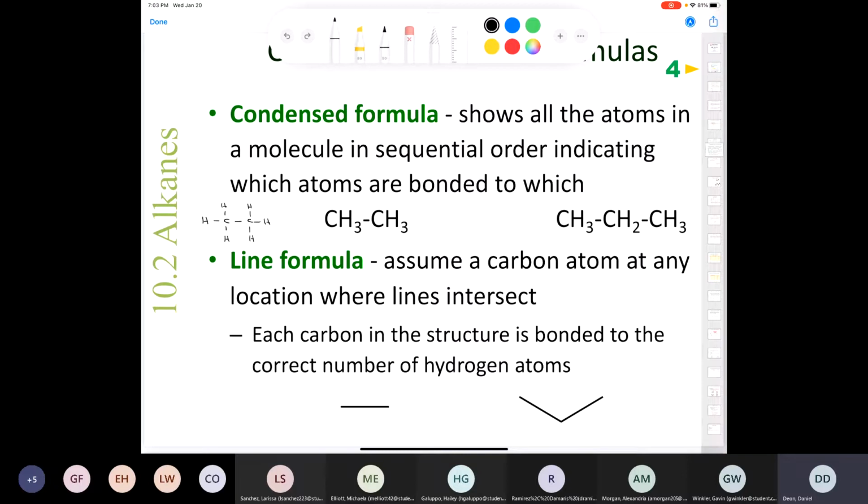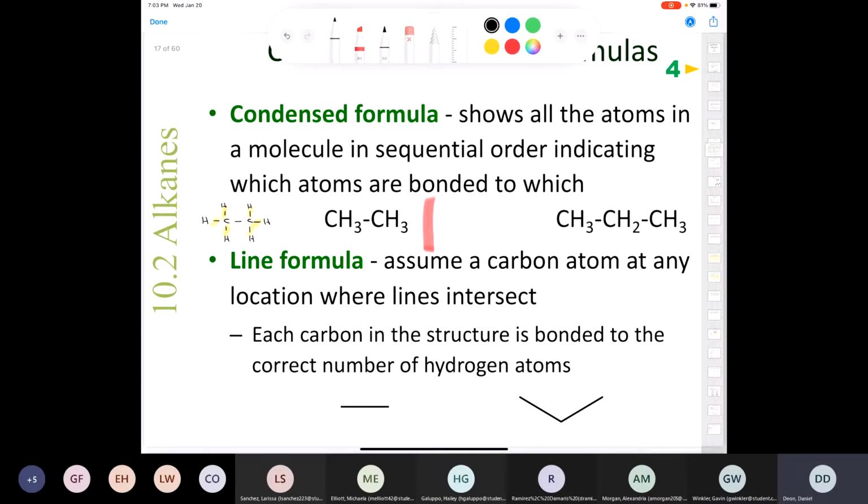So we're just condensing all of these carbon-hydrogen bonds, leaving them out. Instead of this big structure, we just write CH3 bound to another CH3. That's a faster way to represent that molecule.